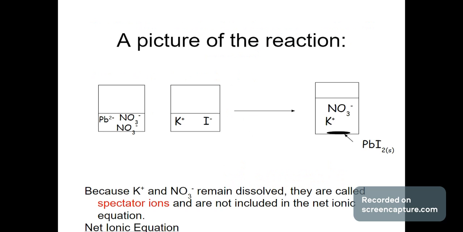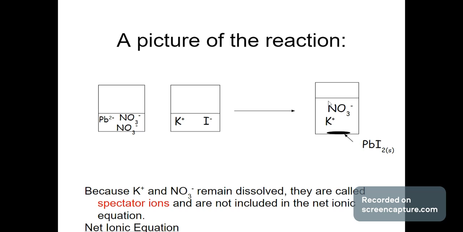What we have here is the reaction where you have the lead in a container with the nitrates. And you also have a container where you have the potassium and iodine, excuse me, iodide. And when the two interact, the precipitate that is formed is the lead iodide at the bottom, right where the circle is.